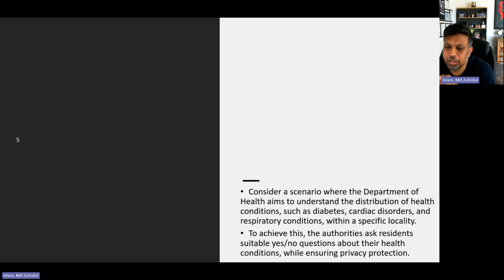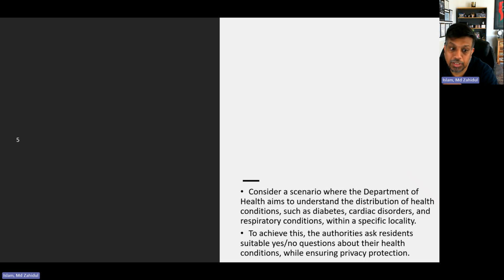Let us imagine that a Department of Health is aiming to understand the distribution of health conditions in a country over different states, towns, regions, etc. The health conditions such as diabetes, how many people are diabetic and how many are not, or how many people have cardiac disorders and how many do not, similarly respiratory conditions, etc., within specific localities across the country.